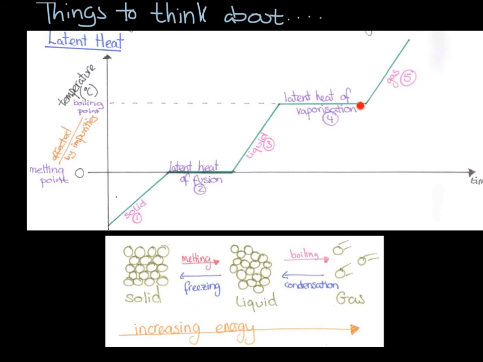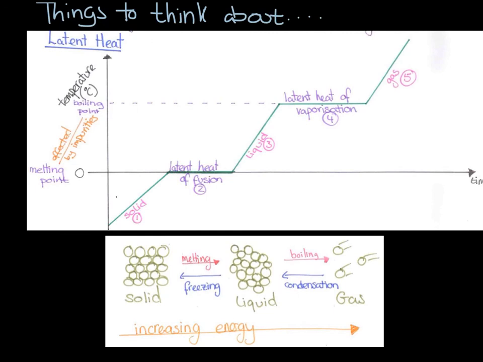Now it's quite nice looking at the graph with the particle model underneath. So you can see here we've got our solid and it's been heated up, so the particles are going to vibrate more, and then eventually they'll have enough energy to start melting and behaving like a liquid, and eventually all of the solid will have changed into a liquid because it's had energy added into it over time.